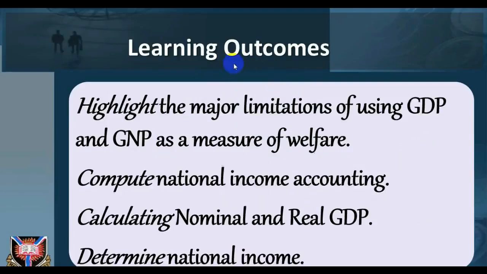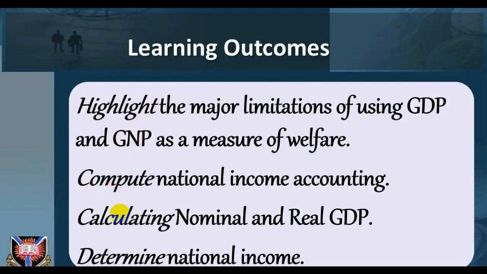Learning outcomes. When you have studied this session, you should be able to: 1. Define and use correctly the following basic concepts often used in national income accounting, that is, national income, gross domestic product, gross national product, net national product, personal income, disposable income. 2.